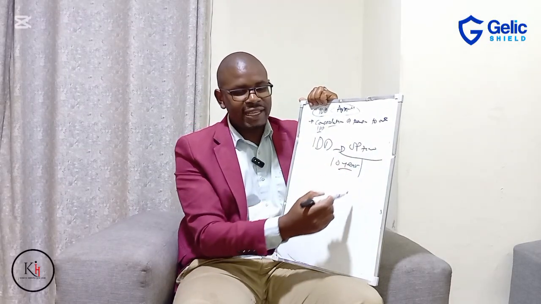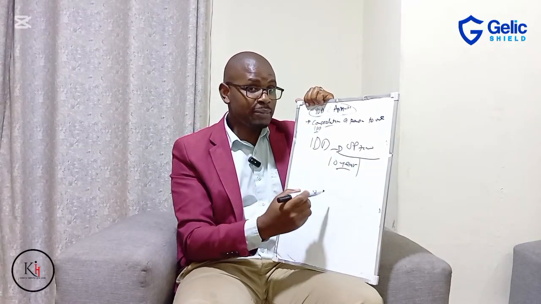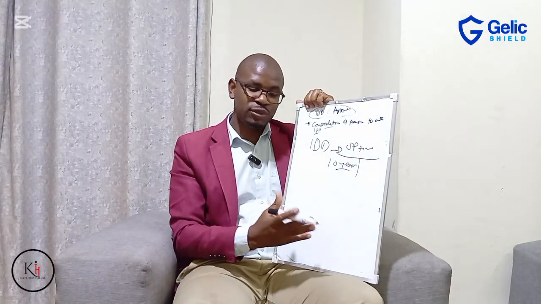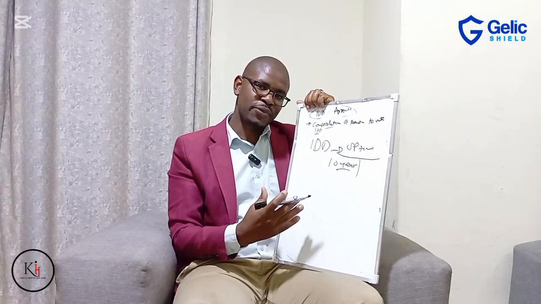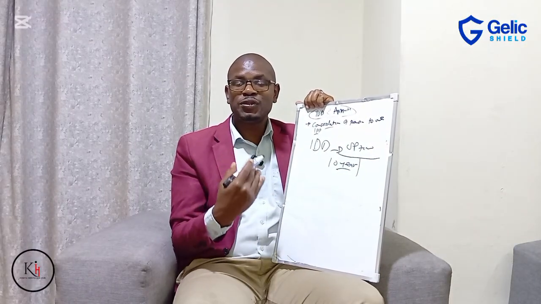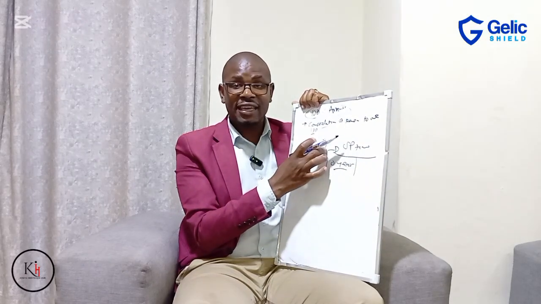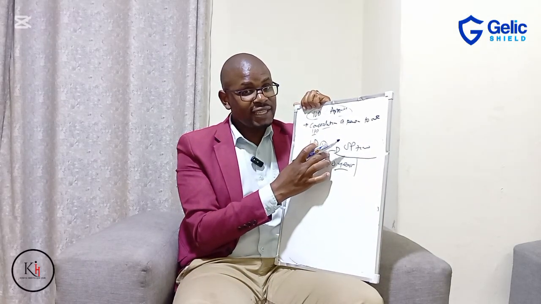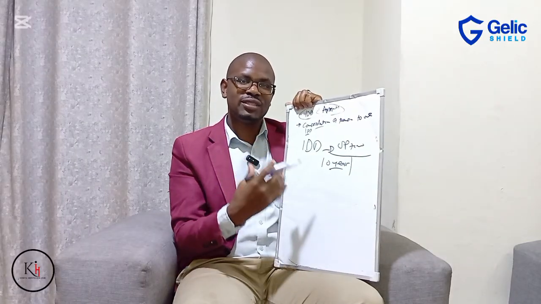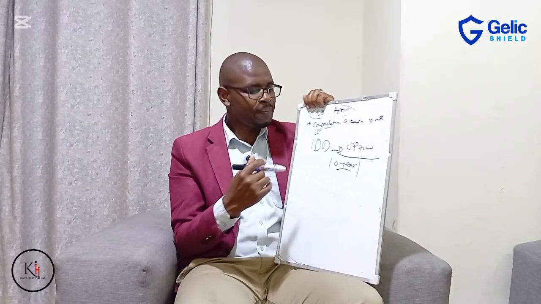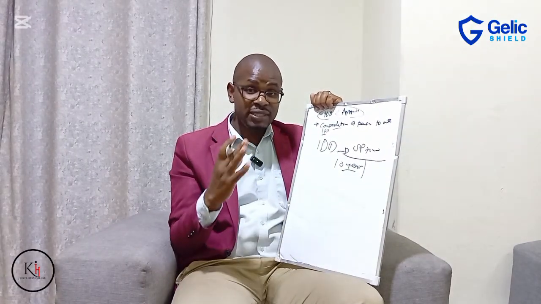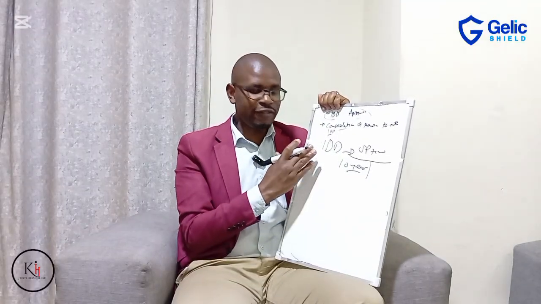And once the 10-year period lapses, whatever is left you are given as a lump sum, which you can also choose to extend or to take up another cover, same IDD, or you can choose to change to what we call annuity. But so that you have a basic understanding of what is the difference.